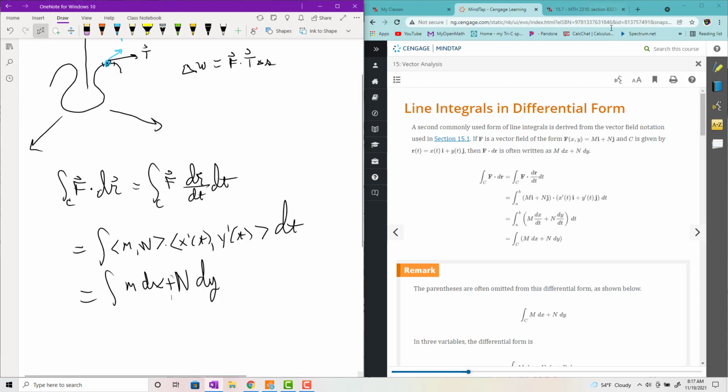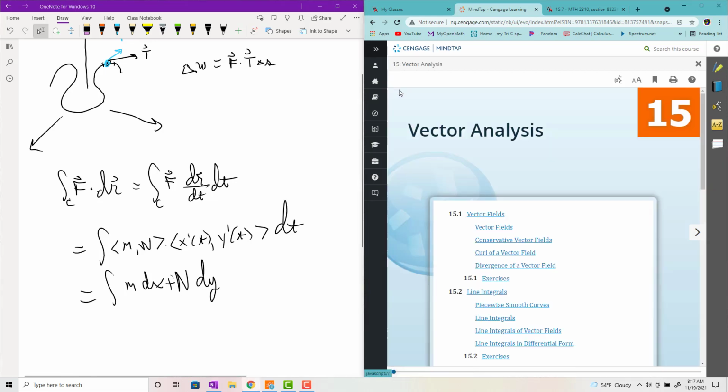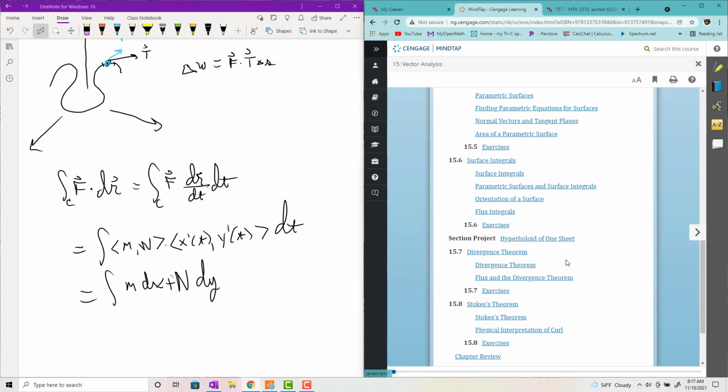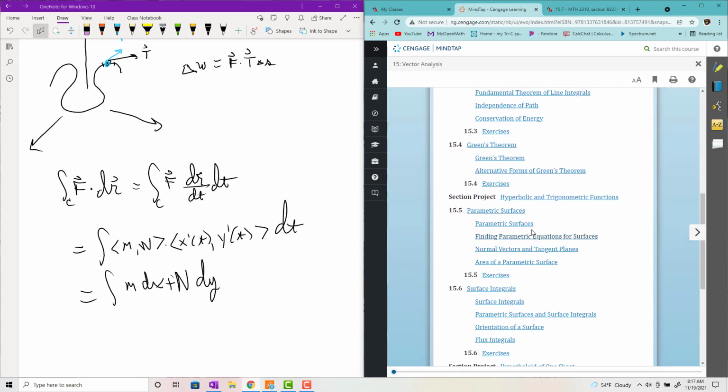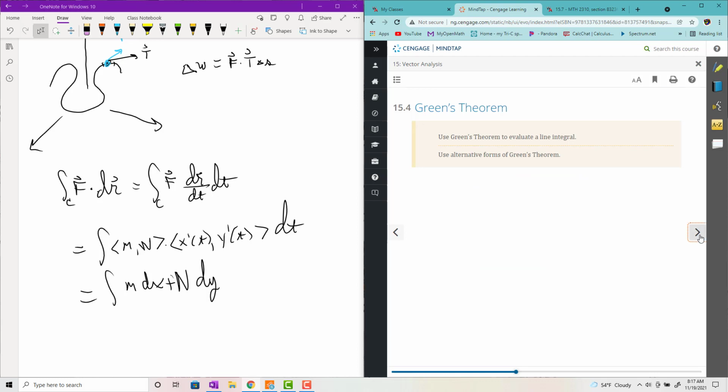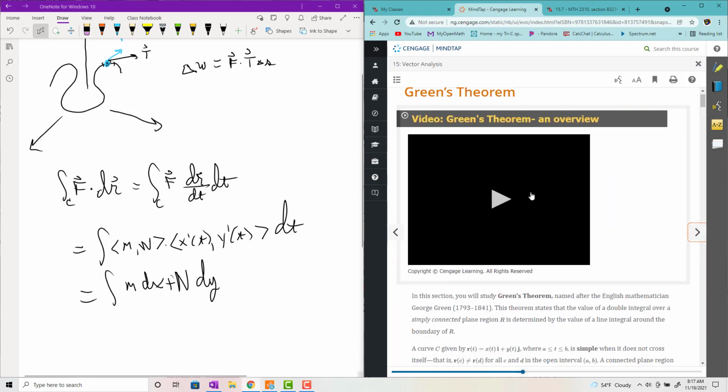The next part of the story comes in Green's theorem. Green's theorem was a way of rewriting that differential form as a double integral, right?